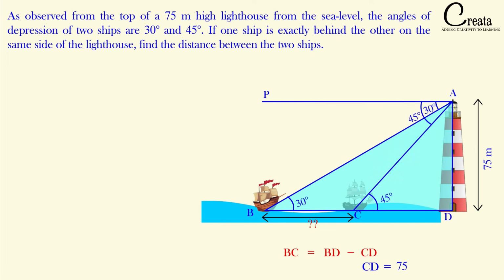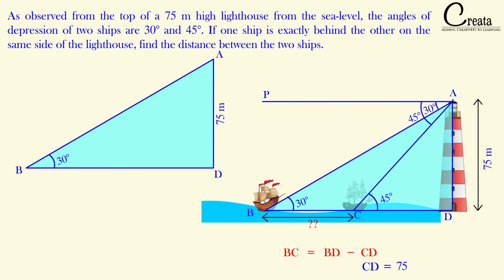Let's go to the second triangle, the triangle ABD. Here our trigonometric angle is 30 degree and AD is the perpendicular, which is the side opposite to the trigonometric angle, and BD is the base, which is the side between the trigonometric angle and the 90 degree angle. Here also tan theta will be applicable, which will link the perpendicular with the base. So tan theta is equal to perpendicular upon base.